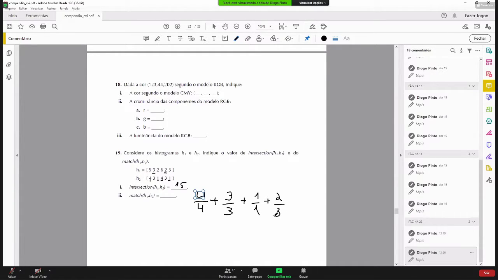In this case, you can assume that the second histogram is the model, so you divide by the bins of the second model.